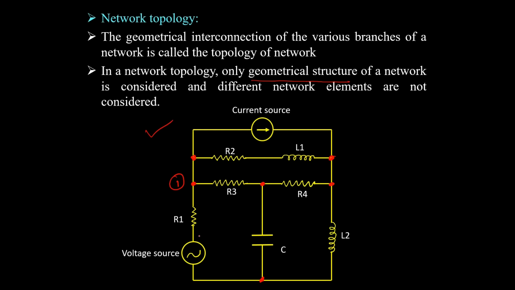If you look at the branches, here we have 1, 2, 3, 4, 5, 6 and 7 branches. This I am considering as a single branch because the elements are in series with each other, so I consider it as one. So totally we have 7 branches. This information we need from the network whenever we are working with the network topology.